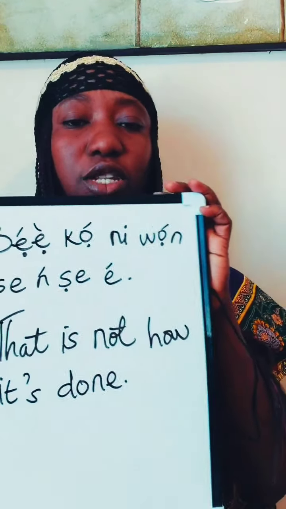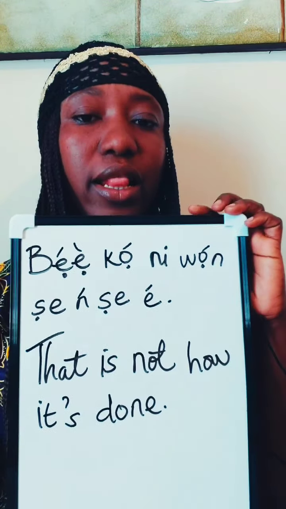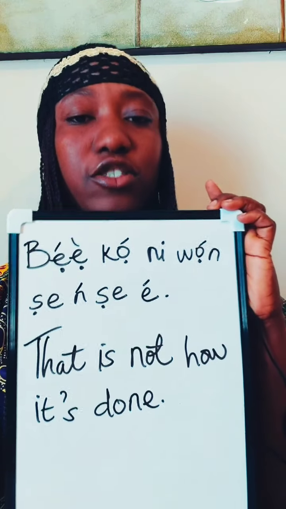Do you have an idea what that means? Is anyone going to give that a try? Okay, I'll help you out then. So it means that is not how it's done. Bẹ́ẹ̀ kọ́ ni wọ́n ṣe ń ṣe. That is not how it's done.